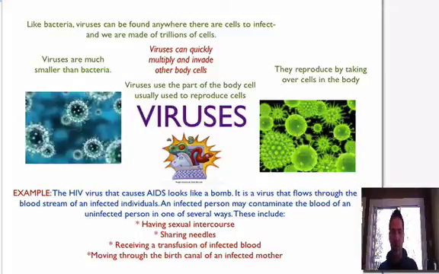And just like bacteria, they're going to multiply quickly, and what they'll do is they'll invade our body cells. Okay? And how do they reproduce? Well, they just reproduce by taking over the cells in our body. So what they do is they use part of the body cell, and that's usually used to reproduce cells.